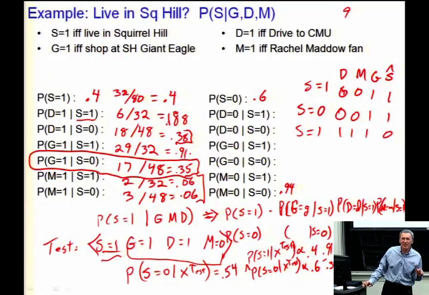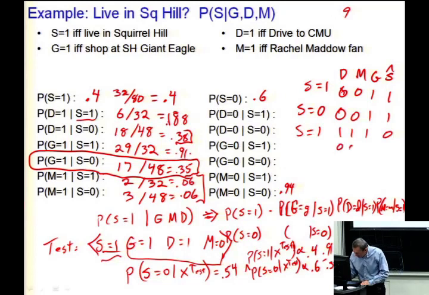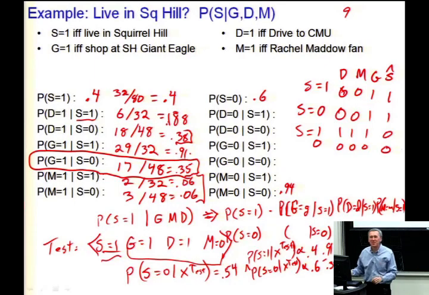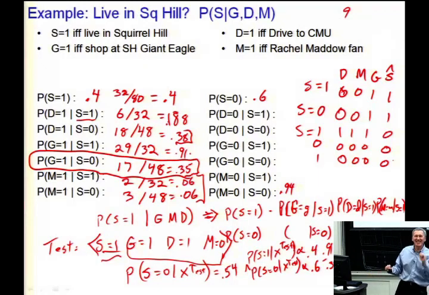Do you know your value? All zeros. And do you live in Squirrel Hill? No. And the prediction, do we know? It's not. Okay, next. Okay, next.